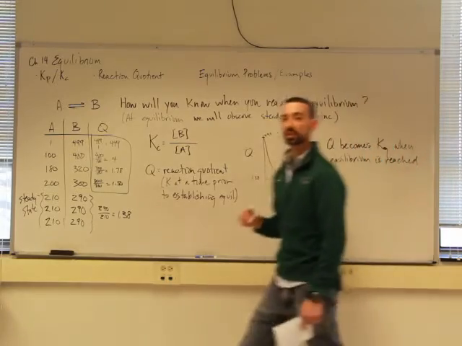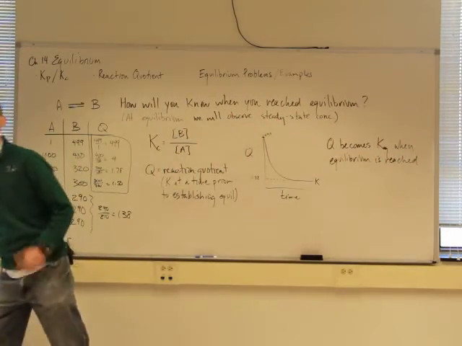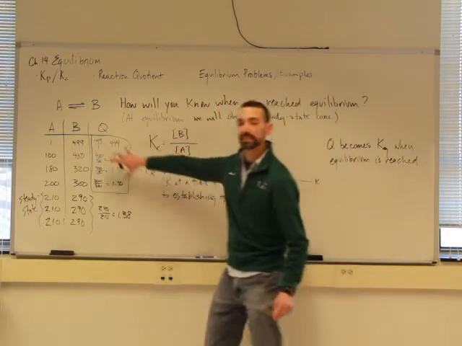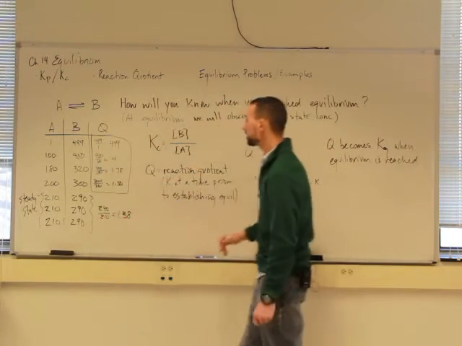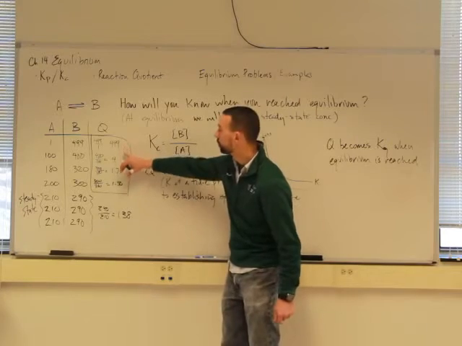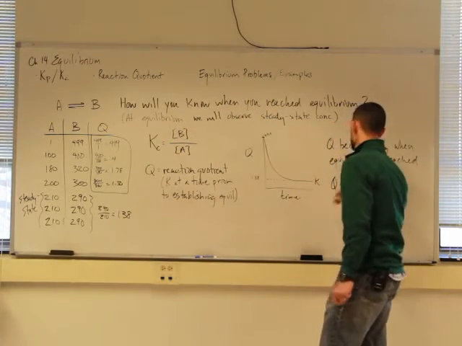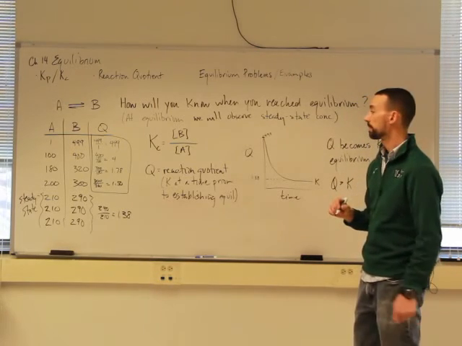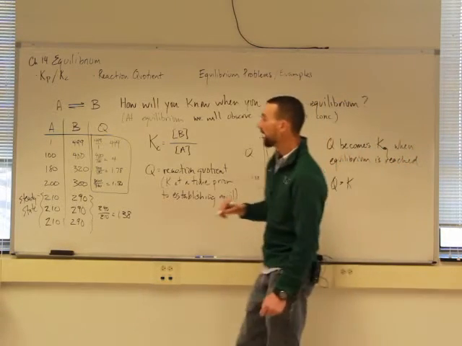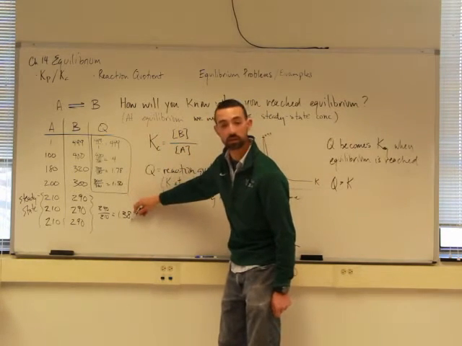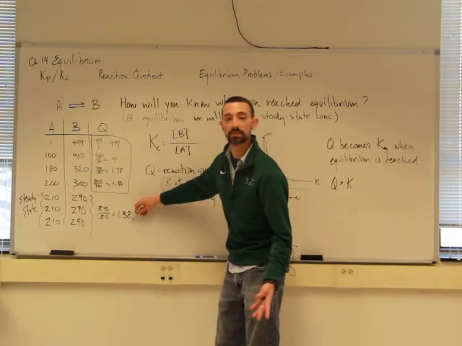But it also gives us a little bit of insight as to what's happening to reach equilibrium. In this example here, at the start, Q was significantly larger than the equilibrium constant. All right? And what happened was Q had to get smaller so that it could equal the equilibrium constant.